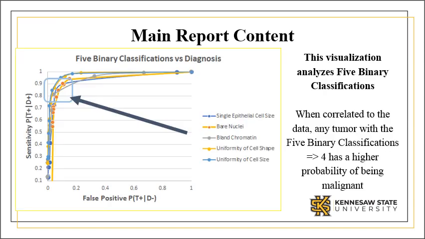And as you can see on this chart, we analyze 5 binary classifications, and the inflection points are encircled with this blue rounded rectangle, and you can see that those inflection points are all within the same tight area. So that means when correlated to the data, any tumor with the 5 binary classifications equal to or greater than 4 has a higher probability of being malignant.